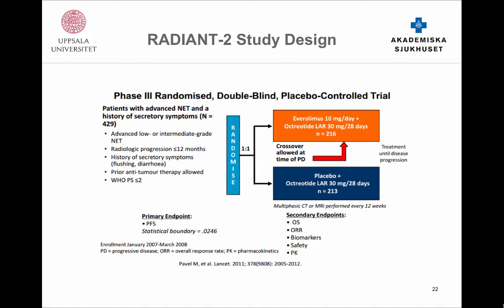But for some reason, in different centers, they started to include other patients as well. And the problem was that when we started to evaluate this study, we couldn't reach the goal that we had set up for this study. So the patient received either placebo or the everolimus Afinitor, 10 milligram a day.